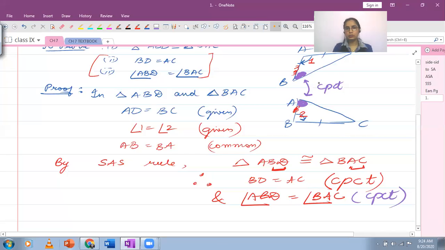And if this was to be done with an activity, you would require to flip the triangle. The second triangle would have to be flipped over and then placed on the first triangle in order to see that they're exactly the same size.